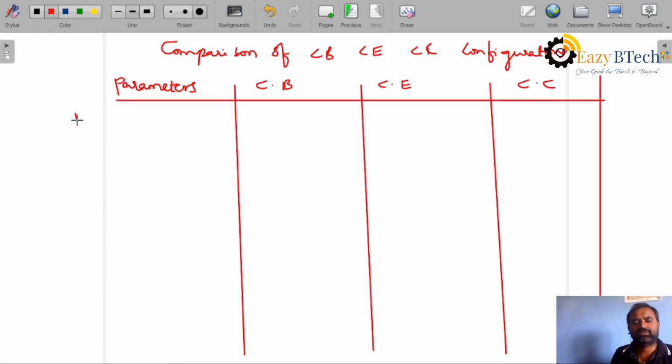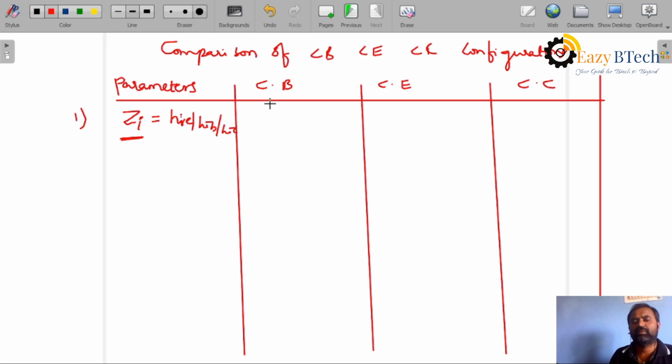Okay students, the first parameter is input impedance. This input impedance means Hi, either HIE, HIB, HIC.